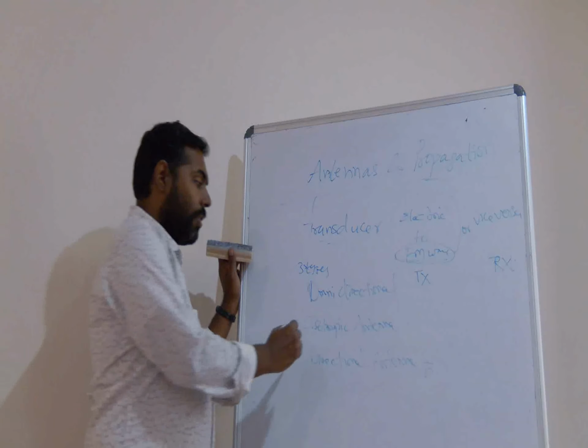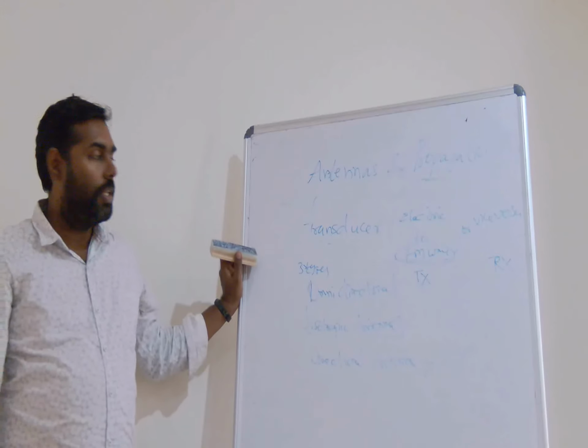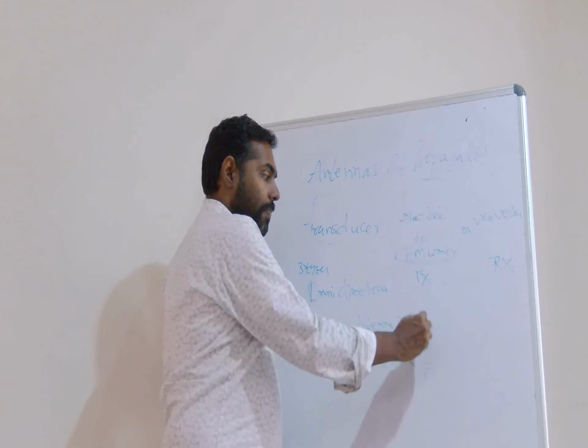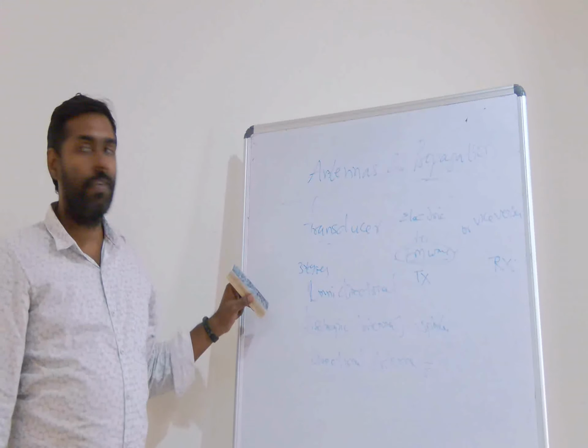Out of these, the isotropic antenna is an ideal antenna which radiates uniformly in all directions. That means it radiates like a sphere. It is an ideal antenna, used only for reference purposes.